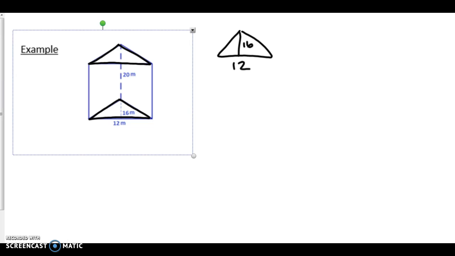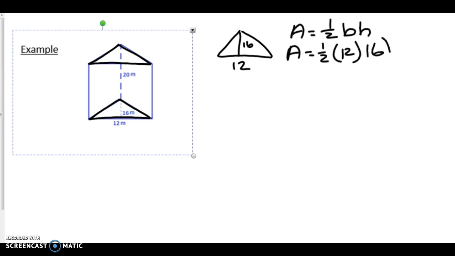The height of the triangle is 16. So my area is 1/2 of the base times the height, which means the area is 1/2 of 12 times 16. If I multiply it all the way through, I end up with 96 as my area for the triangle.